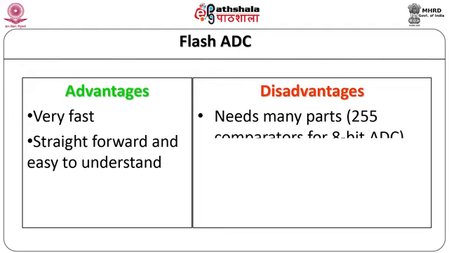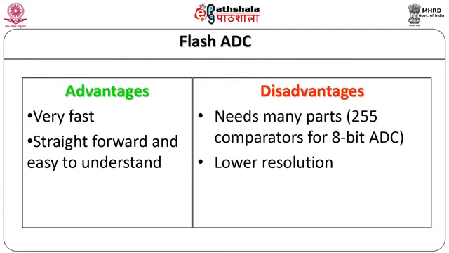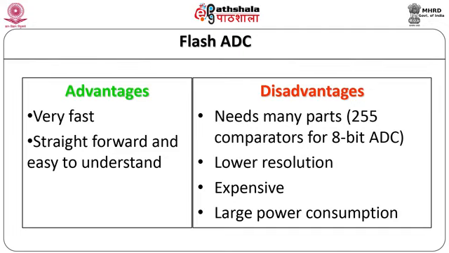It requires a large number of parts in the form of comparators. For an 8-bit ADC, we require 255 comparators. This method has relatively lower resolution. As the total number of parts is more, the method becomes more expensive. Further, this method has large power consumption.